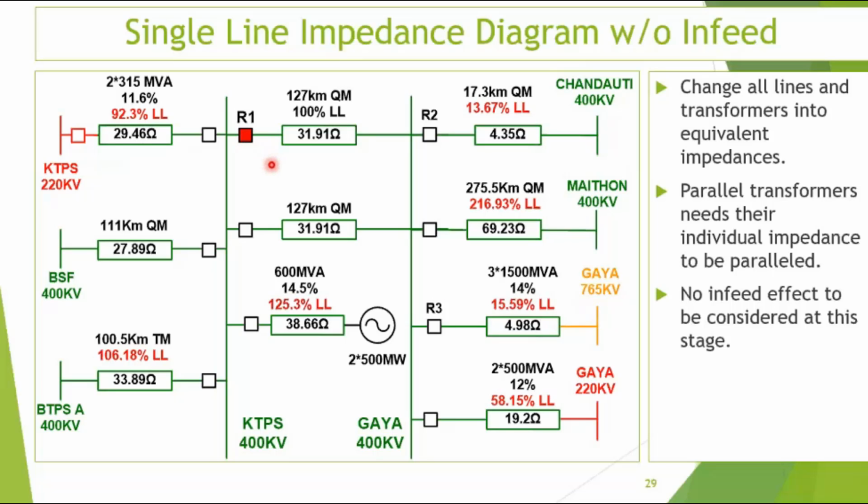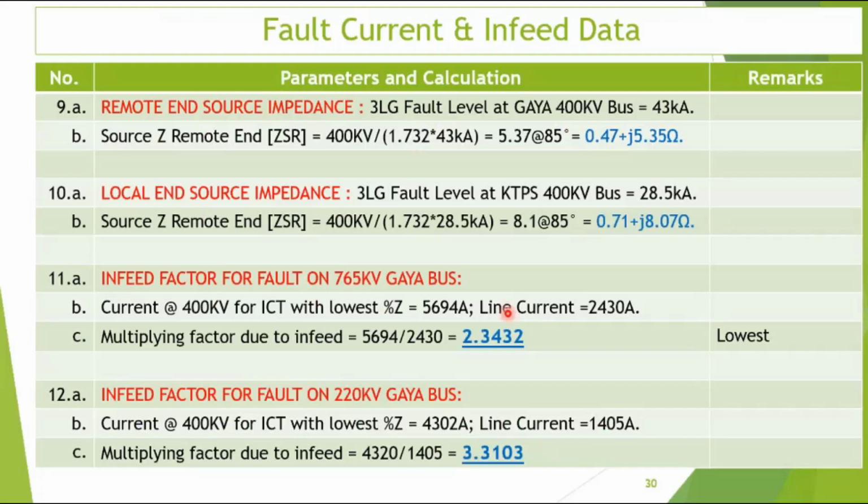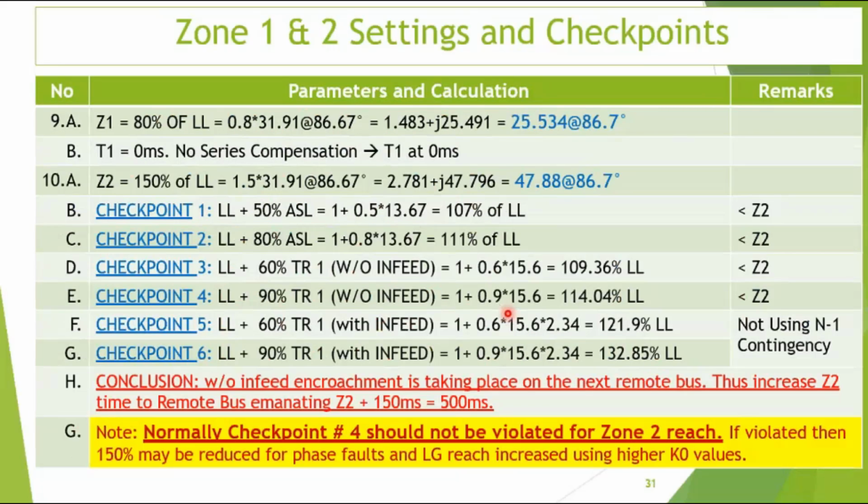We never had a zone 2 operation for a 765 kV fault. Their protection has always tripped in zone 1 or differential or bus differential or whatever. So the history of this is also important in deciding whether we are going to reduce our zone 2 or take the risk and let it encroach.